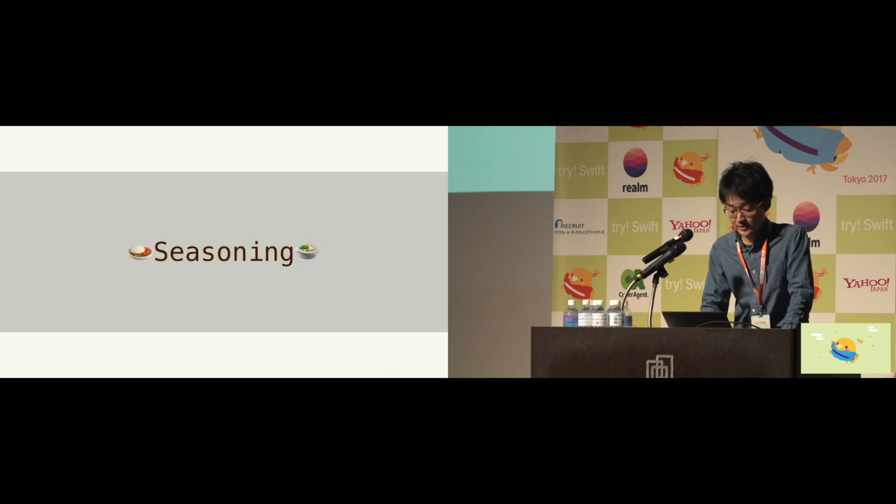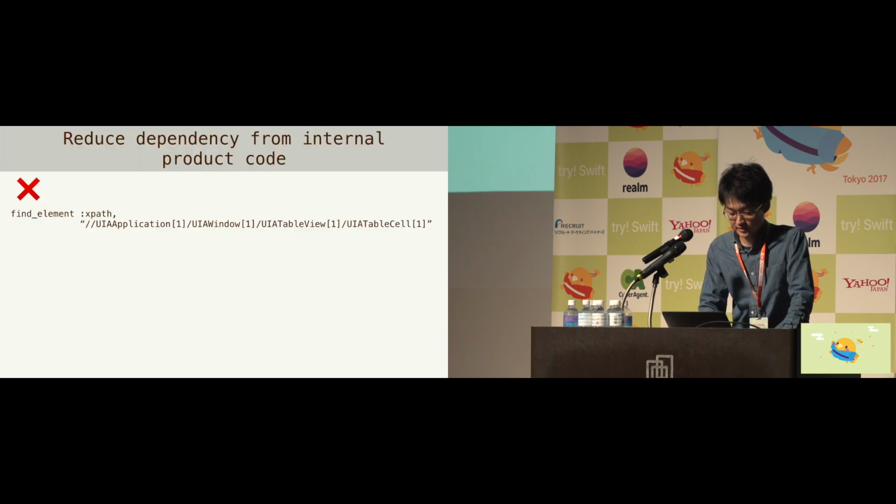I'll share some tips to season the test. It is important to describe test scenarios independent of internal logic of production code. For example, this find elements method tries to find elements with XPath. XPath indicates a view hierarchy.